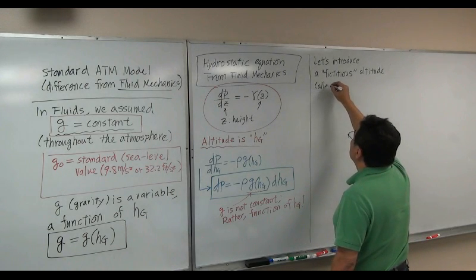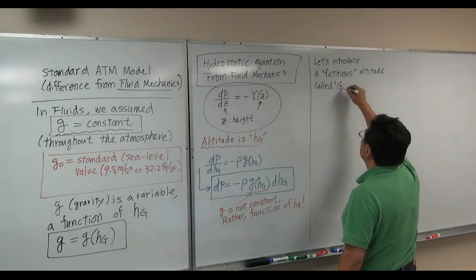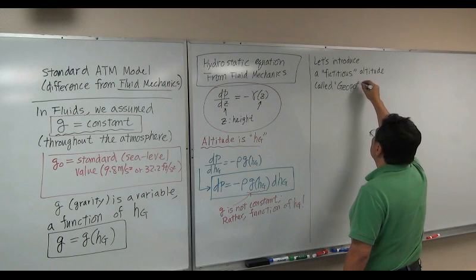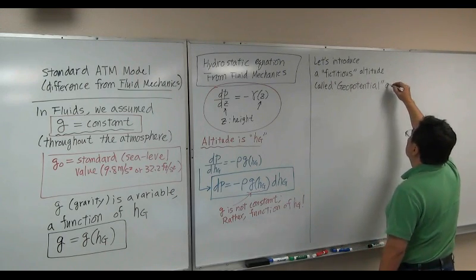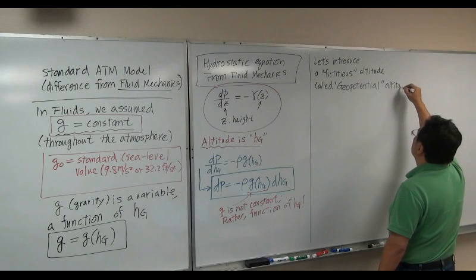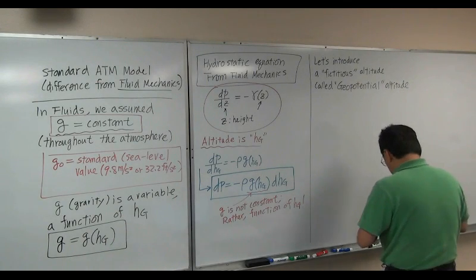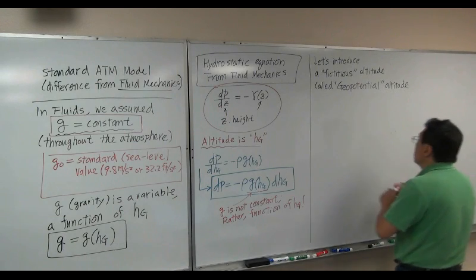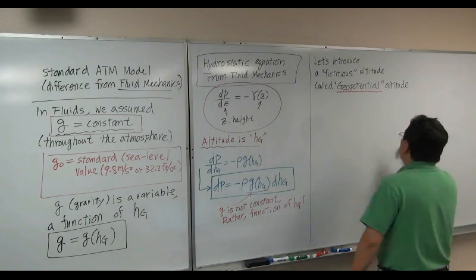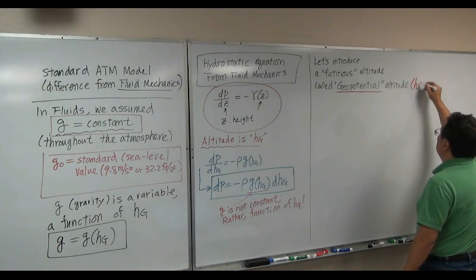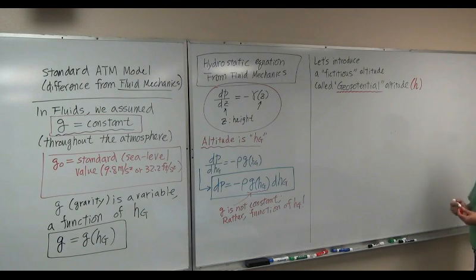This is called geopotential altitude. We are going to use h, lowercase h, to represent geopotential altitude.